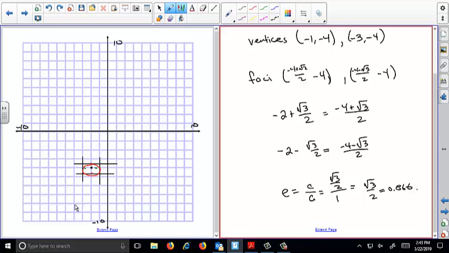Now there are some equations that tell you, I think, what the vertices are. Maybe not. Just trying to see if there's another way of doing this if you don't quite understand. No, you just have to kind of figure it out.